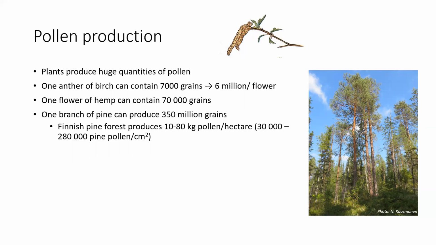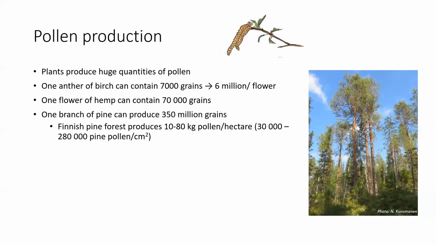As a comparison, a flower of hemp can produce 70,000 grains. And if we take one of the most common trees in Finland, for example, one branch of a pine tree can produce 350 million pollen grains, which is a huge amount of pollen.